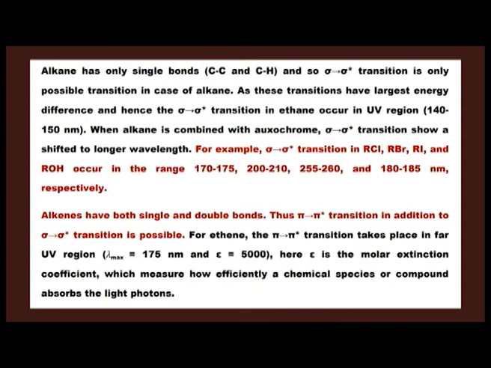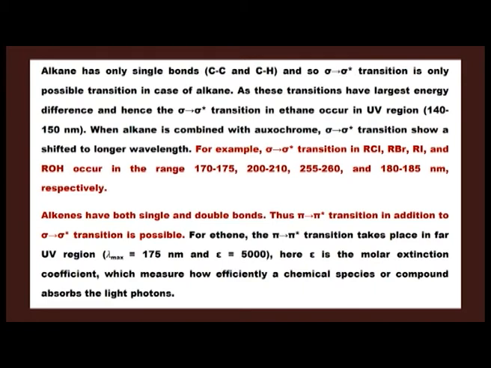When alkane is combined with an auxochrome, the sigma to sigma star transition shows a shift to longer wavelength. For example, the sigma to sigma star transition in RCl, RBr, RI and ROH occurs in the range 170 to 175, 200 to 210, 255 to 260 nanometer and 180 to 185 nanometer respectively. This you can see on your screen.